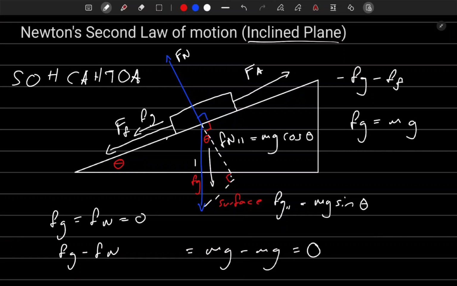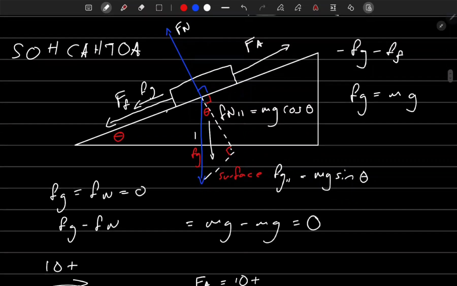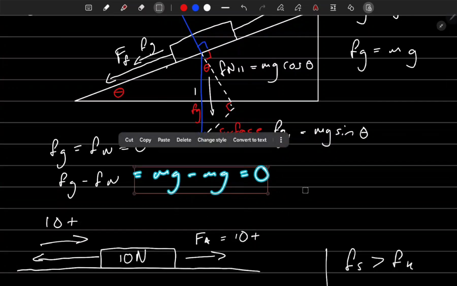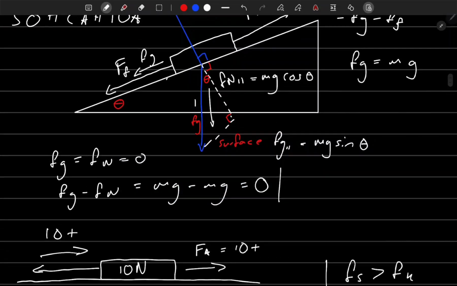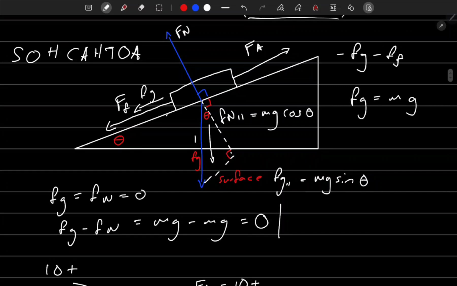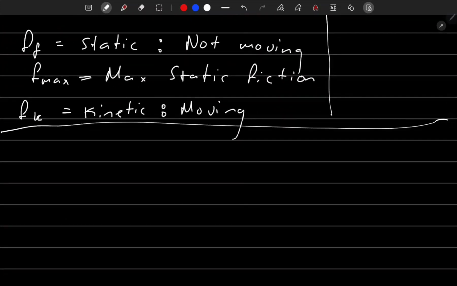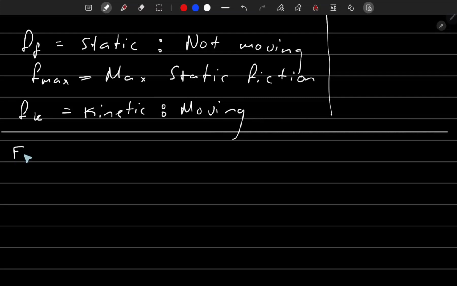Now, if I was to add up all of these forces, how would it look? Let me make some space. I don't want to erase anything, because there are people who email me for these notes. If I want to add up all the forces together, I use Newton's second law, F net is equal to ma.